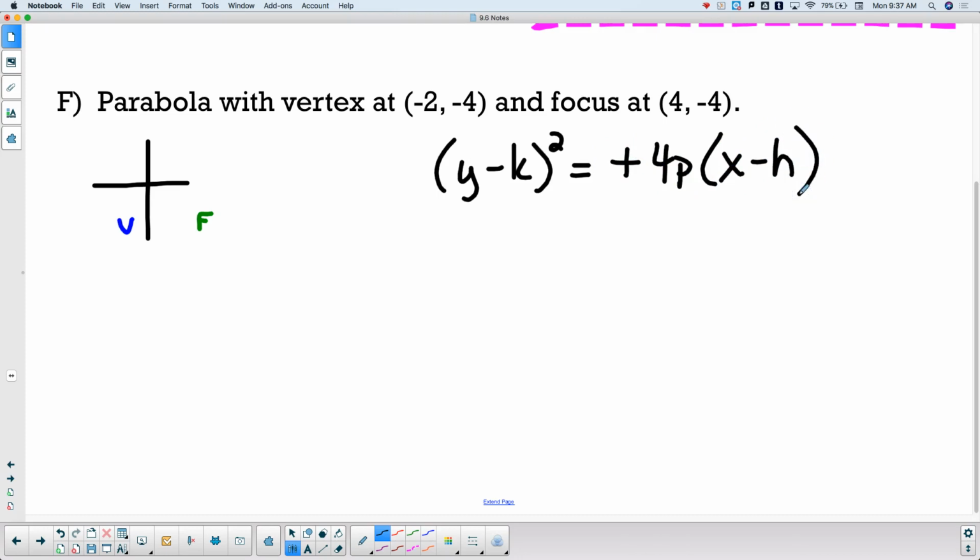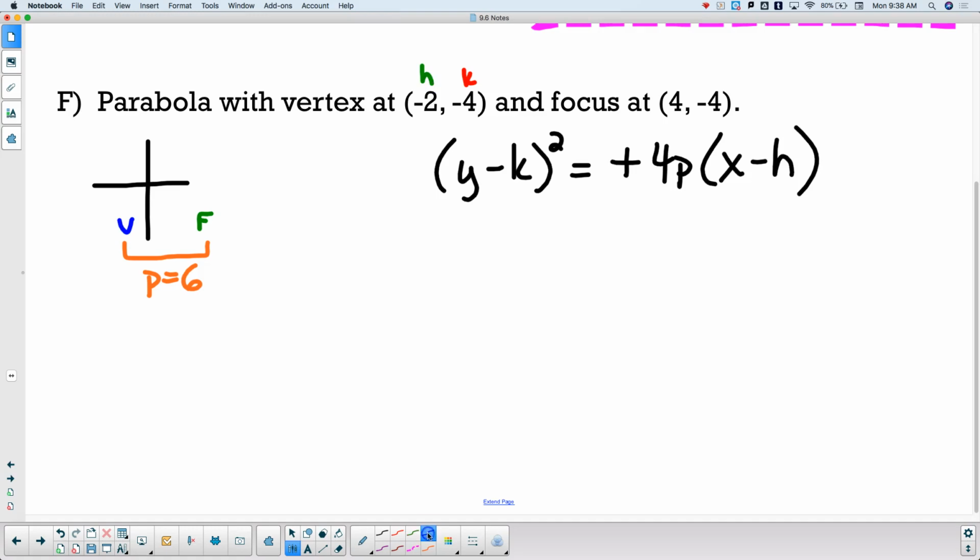What is k? Negative 4. What is p? p is the distance from the vertex to the focus, right? What is that distance? 6. What is h? Negative 2.